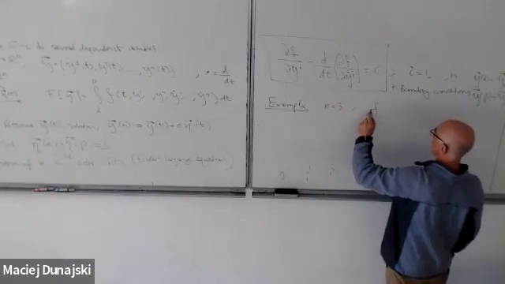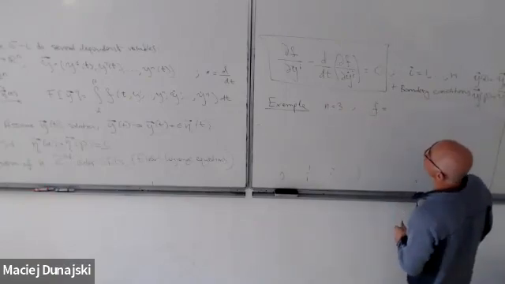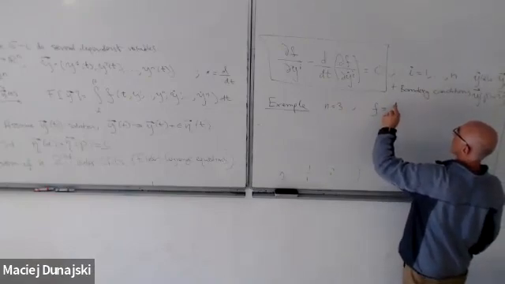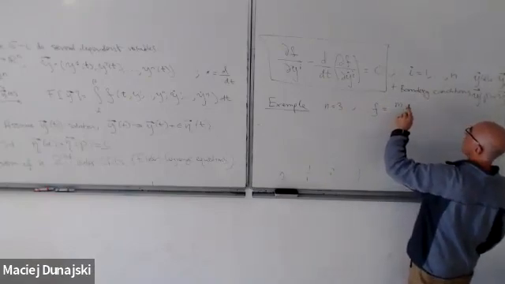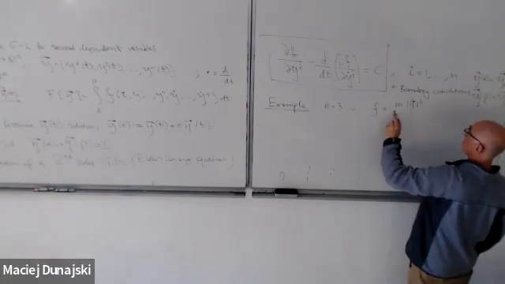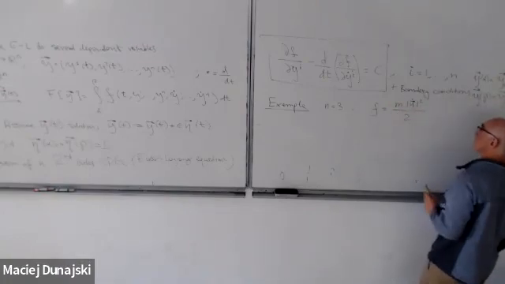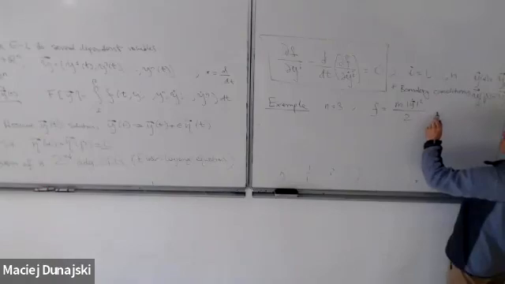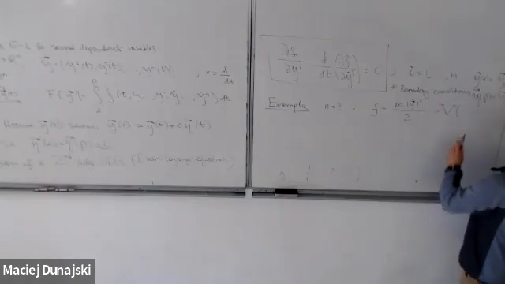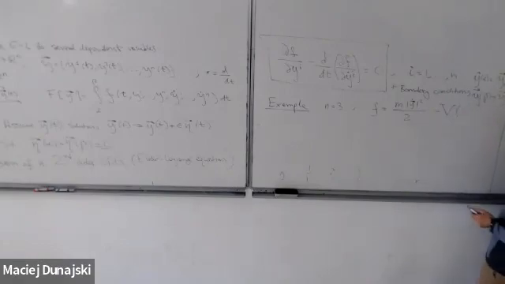I'll take f to be some constant m times y vector dot squared over 2, minus some function which I'm calling V, which depends only on y, not on the derivative.